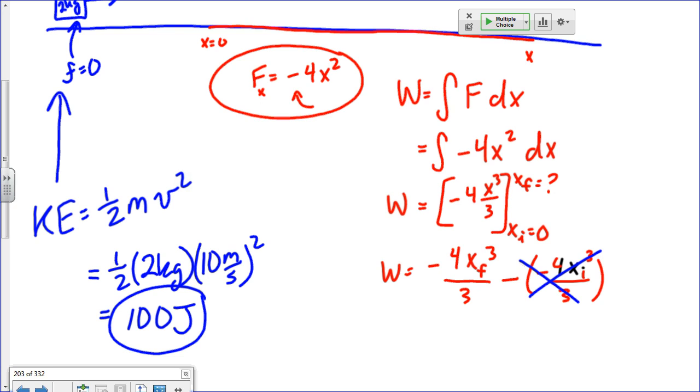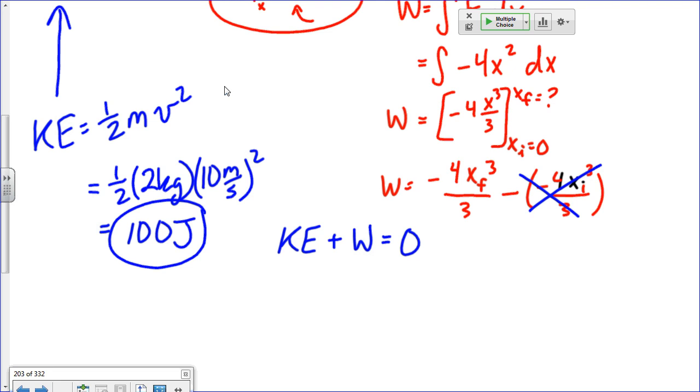So then we would take this 100 joules and set it equal to the work that's done. Or actually, the way we're going to look at this is we'll say at the end, after the object stops moving, it will have an energy equal to the kinetic energy plus the work, and that total energy will equal 0. So that's how we deal with that negative sign. So then we have 100 plus negative 4 xf cubed divided by 3 equals 0.